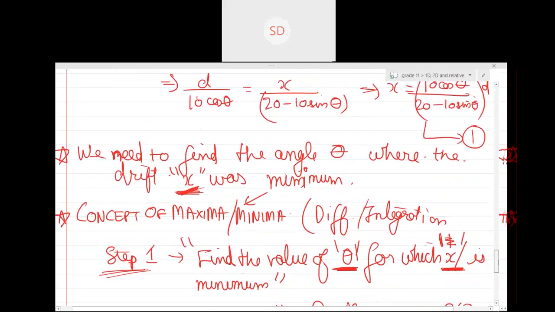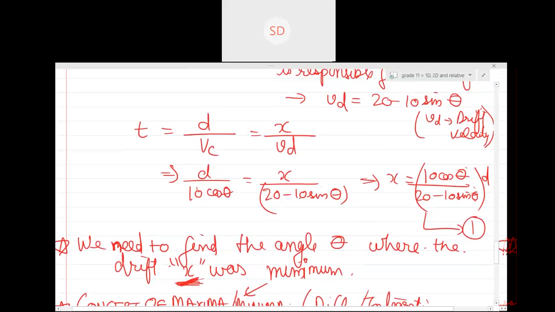Guys, will you check the function once? x will be equal to 20 minus 20. Can you see over here?